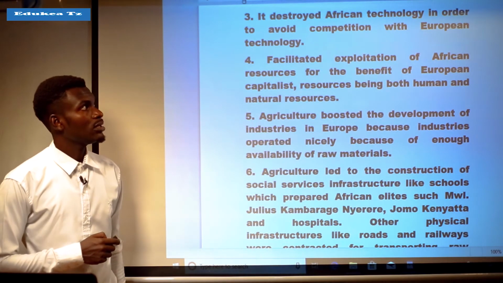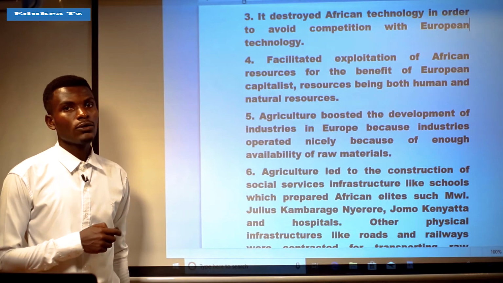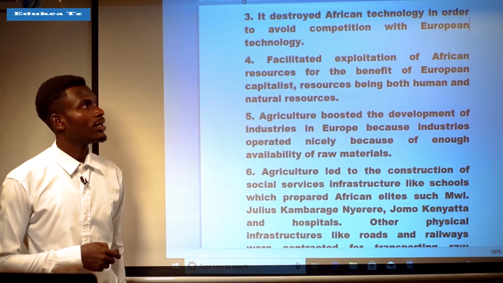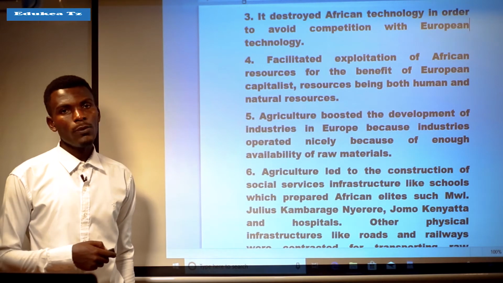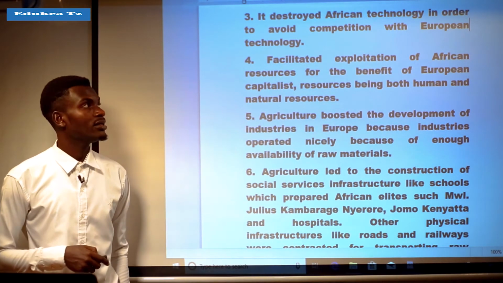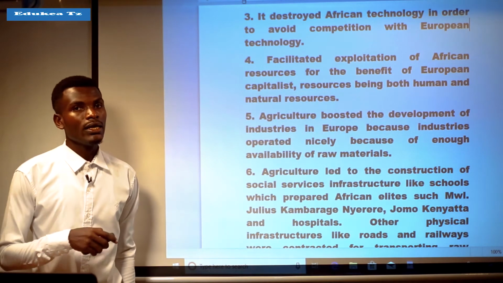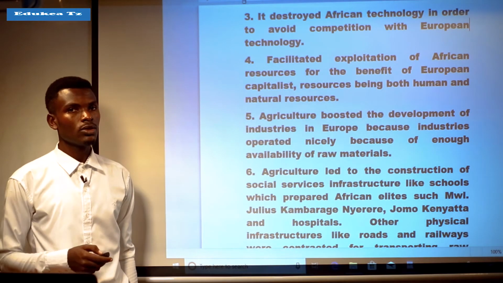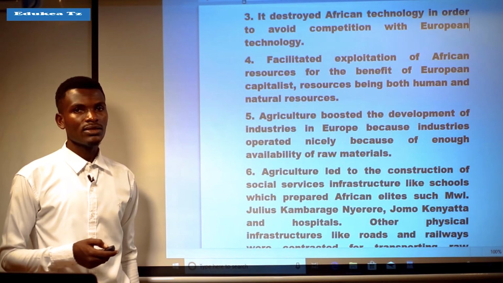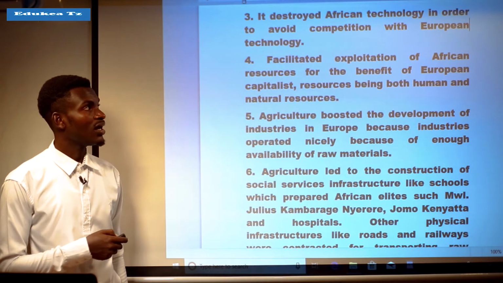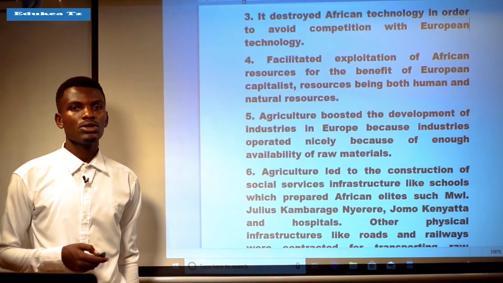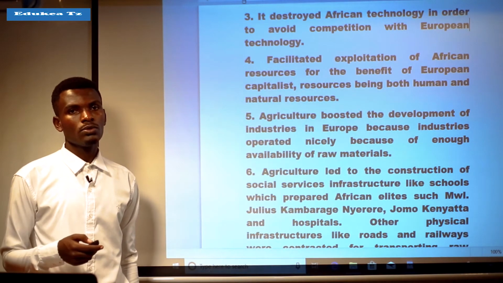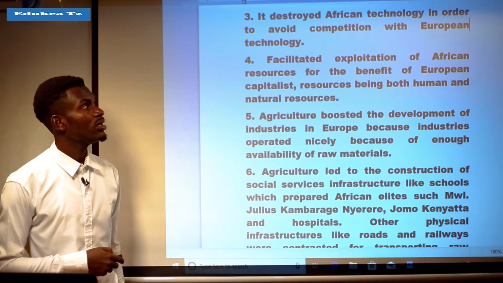It means that in the colonial economy established during the colonial era, the Europeans intensively imported manufactured goods from Europe in order to destroy the production of various materials in Africa that could bring competition with their manufactured goods or their technology.